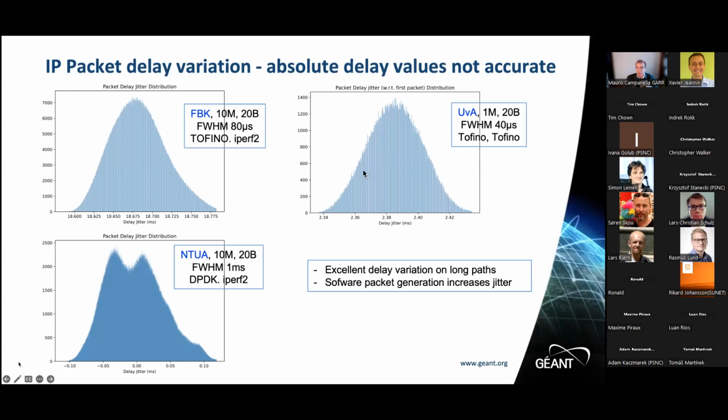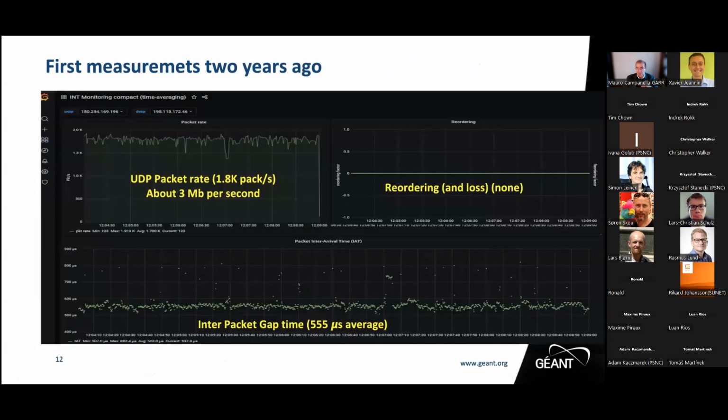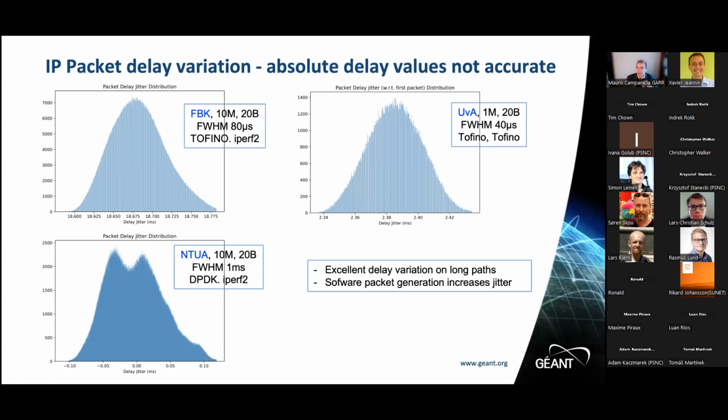So it's even smaller in the variation than from Italy. The difference between this plot and this plot is that here we are using iPerf to generate the packets that are forwarded by the Tofino as a switch that tags the packet and forwards it, and it is received by the FPGA.